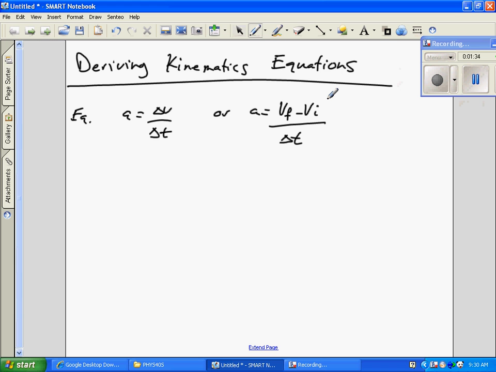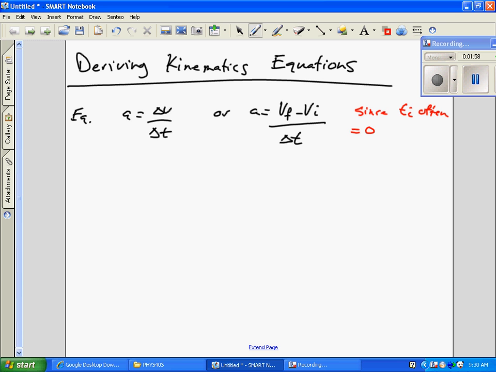And I'm going to write a little note on the side here. Since the initial time, Ti, is often equal to 0, okay? Whenever you start things, that's your initial time, and you say that's 0 seconds.